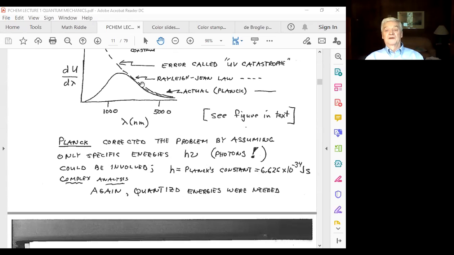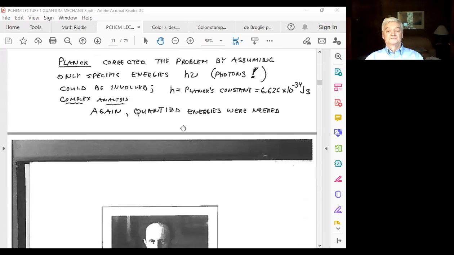In order to explain this law, Planck said, whenever we have radiation of any type, infrared or visible or ultraviolet, we have to think of these as individual particles. You can't just think of this as bulk energy going to the system, going anywhere it wants. It's going to have to come in individual units.